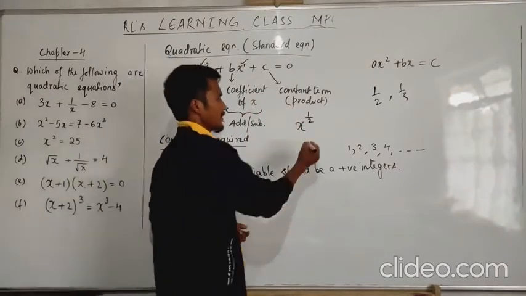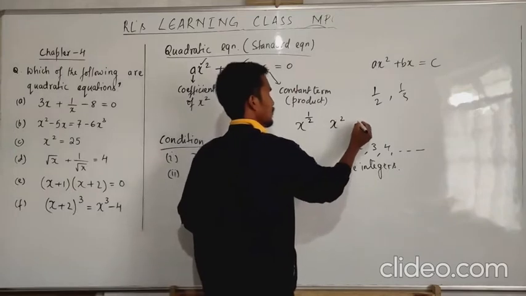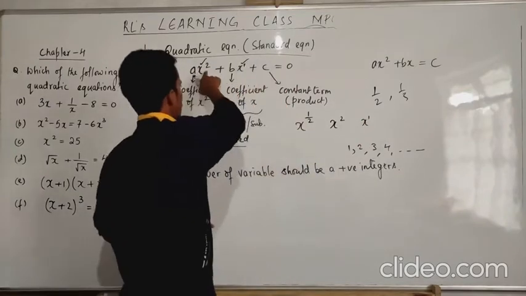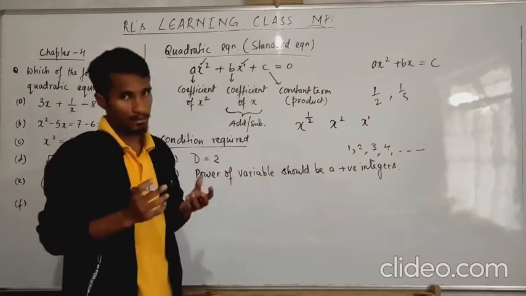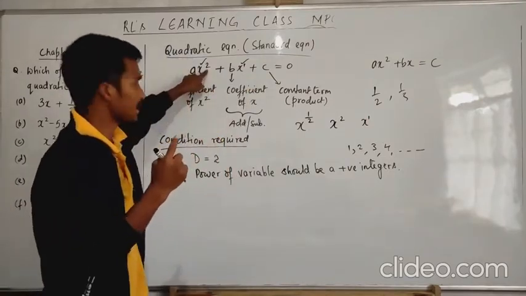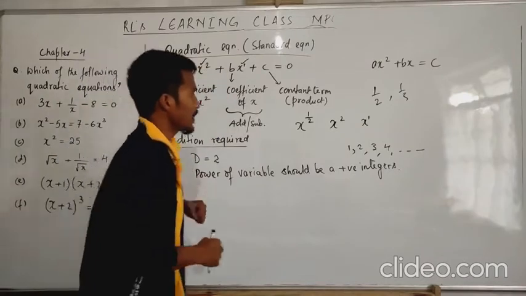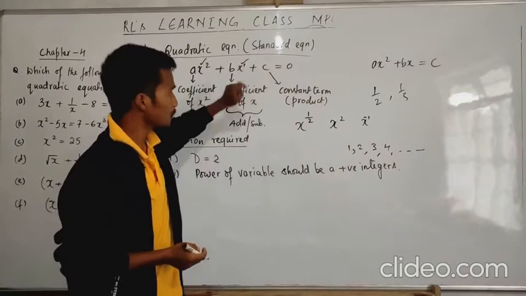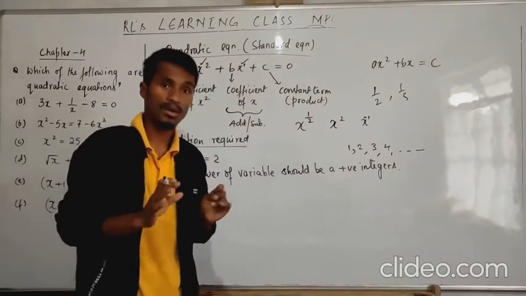If you have x to the power 2 or x to the power 1, then that will be a quadratic. But if here x is x power 2, but here we got x to the power minus 1, then still that is not a quadratic.